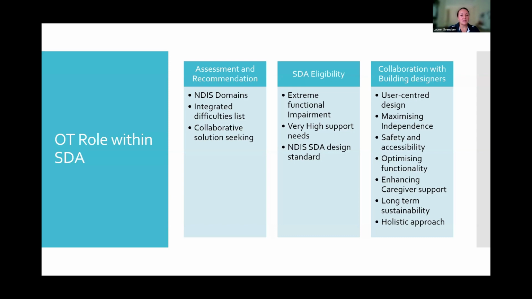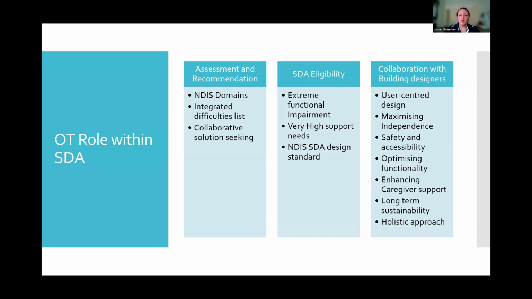We go through two routes, which I'll explain on the next slide: extreme functional impairment or very high support needs. And then we look into the NDIS SDA design standards, and in our reports to the NDIS when applying for SDA funding, we comment on each one of the clauses that needs to be specific to our participant that we are trying to get the SDA funding for.